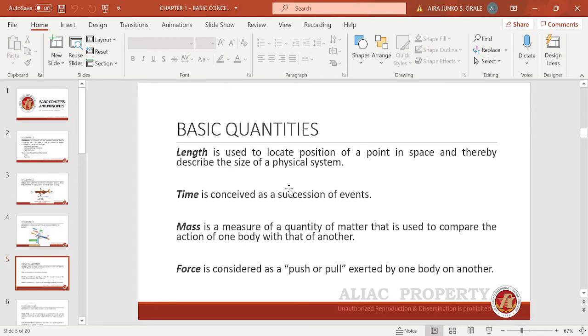Time is conceived as a succession of events. Mass is a measure of quantity of matter that is used to compare the action of one body with that of another, while force is considered as a push or pull exerted by one body on another. And there are different units for all of these quantities.